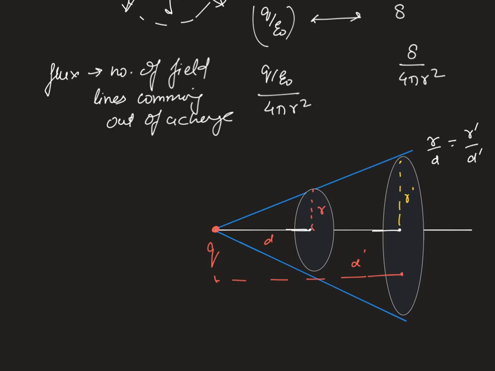Now back to the situation here. I have a charge q, and this charge q emits field lines. So I have these two blue field lines that are basically passing, almost touching the edges of the disk. And then we have other field lines also that are passing from within the disks.